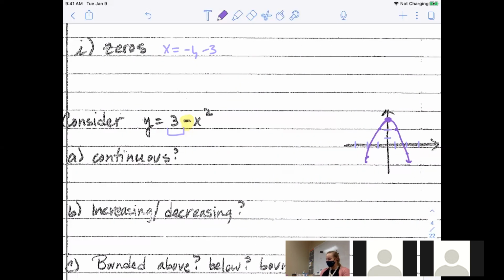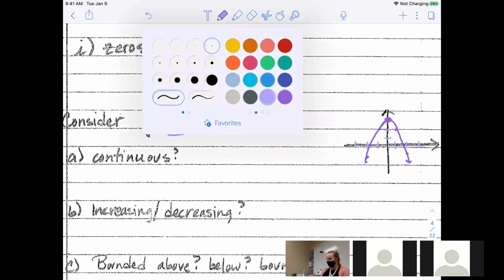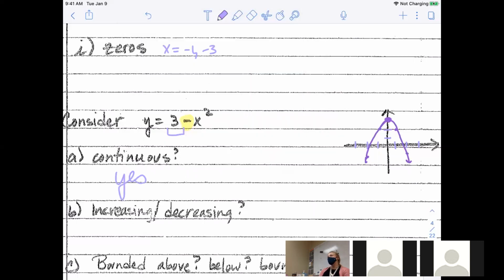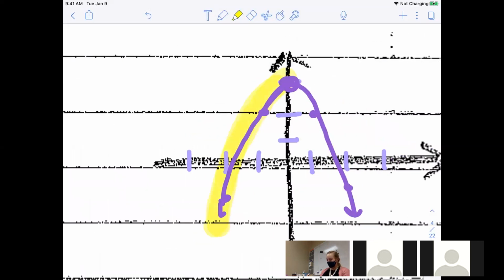Is it continuous? Yes or no? Yes. We good on that? All right, areas of increasing and decreasing. Remember, as I go across the page, left to right, what is happening? Increasing until, what's my X? That's your Y. Zero. We're really tempted to do our Y's on that one.